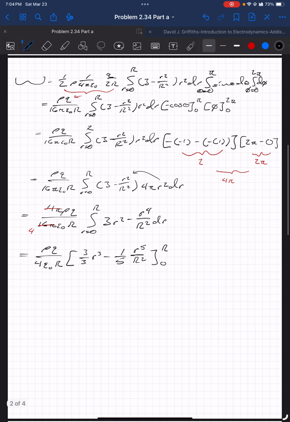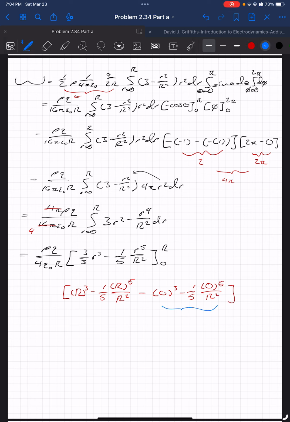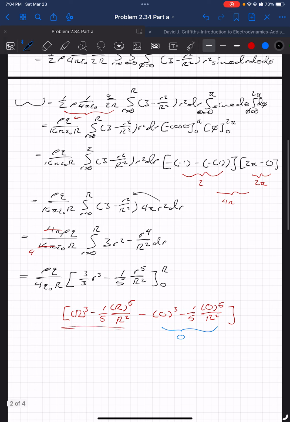So we will end up with, and I'll write this in red, large R cubed minus 1/5 large R to the 5th over R squared. And for when R is equal to 0, we will have just 0 cubed minus 1/5 0 to the 5th over R squared. And this just reduces down to 0, so it subtracts 0. So we are just left with this from our integral.